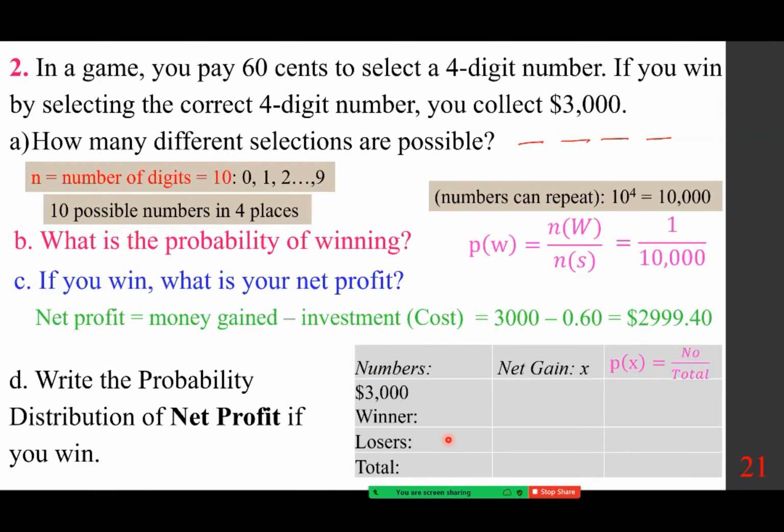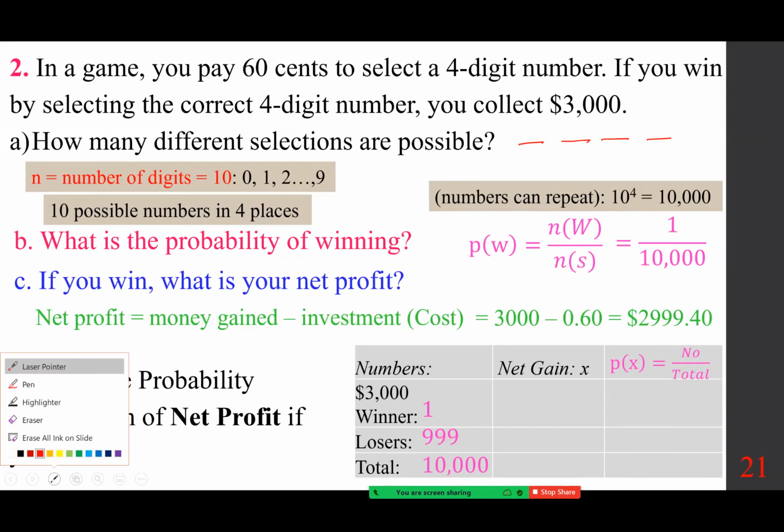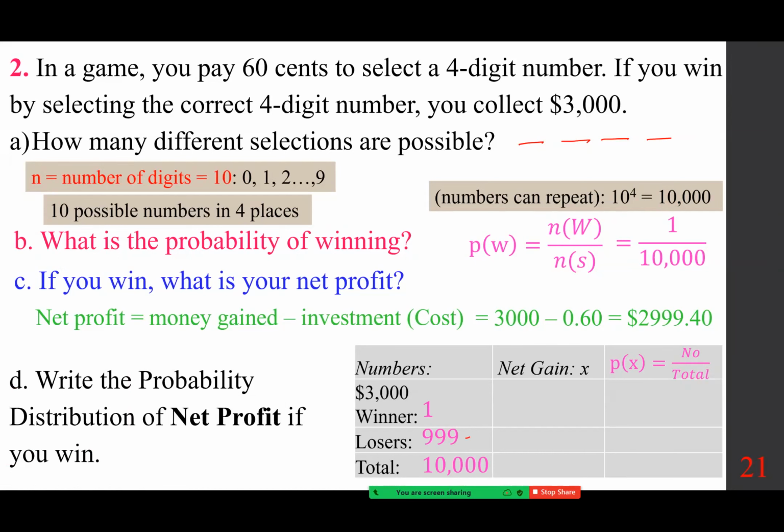Then the rest, everybody is going to lose. And we have a total of 10,000. So this is one, this is 10,000. The rest of it, 10,000 minus 1 or 9,999 goes here.